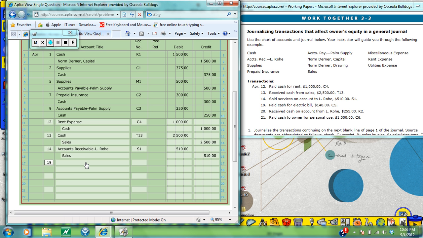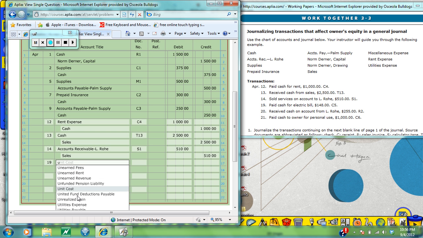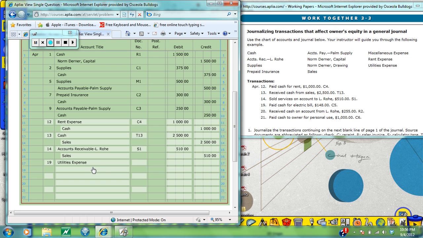Maybe there's a water line broke. Okay, so utilities expense. I told you that all expense accounts are a debit until you close them out. C5. We wrote a check, didn't we? So cash has to be affected. 148.